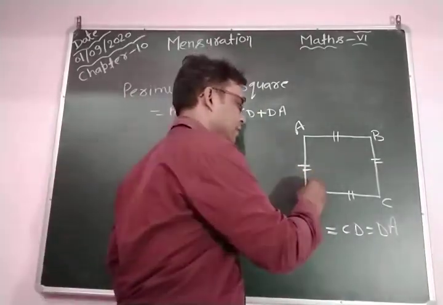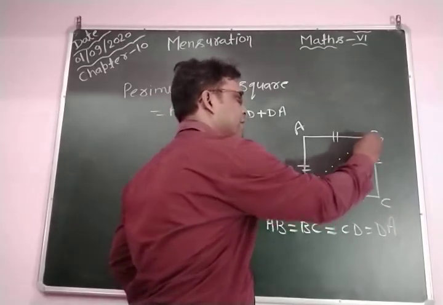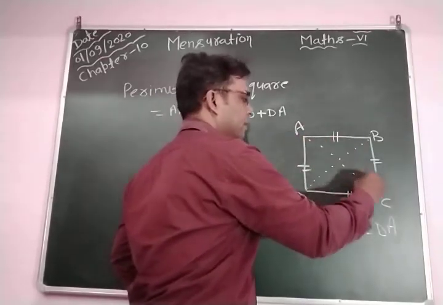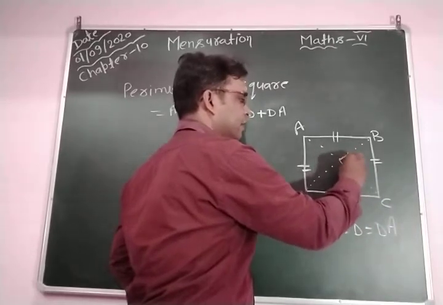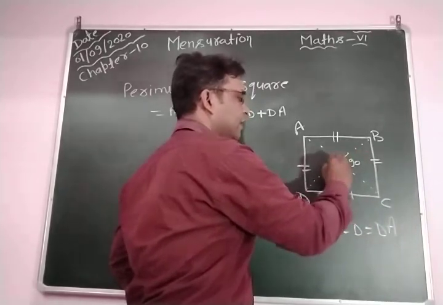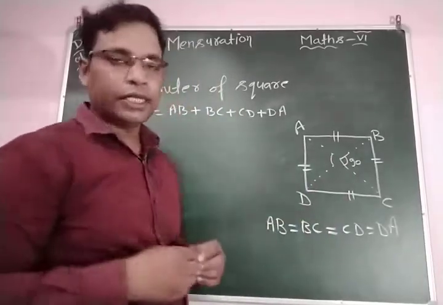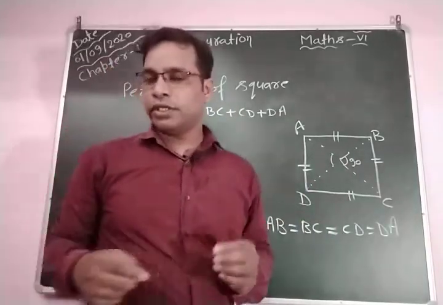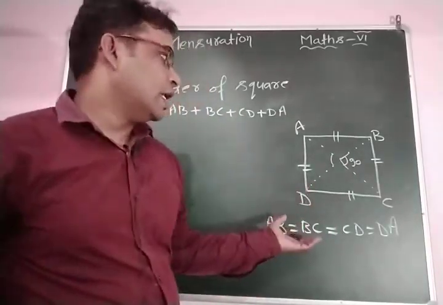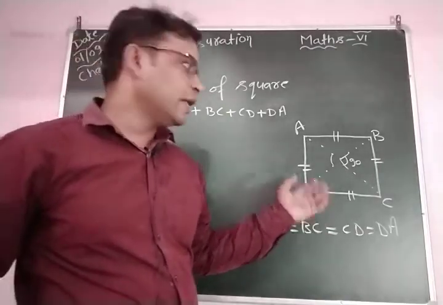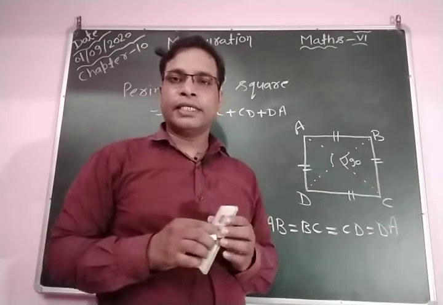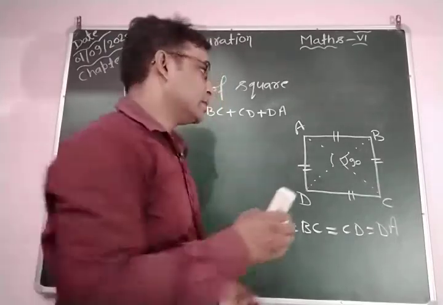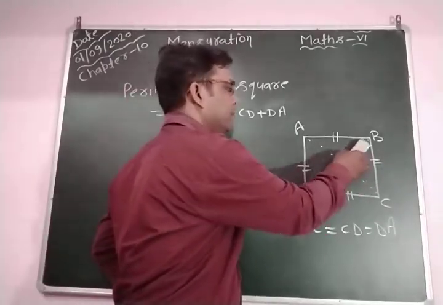This angle is 90 degrees, this angle is also 90 degrees, meaning each angle is 90 degrees. So these are the properties of a square: all sides are equal, each angle is equal, diagonals are equal, and diagonals bisect each other at right angles.